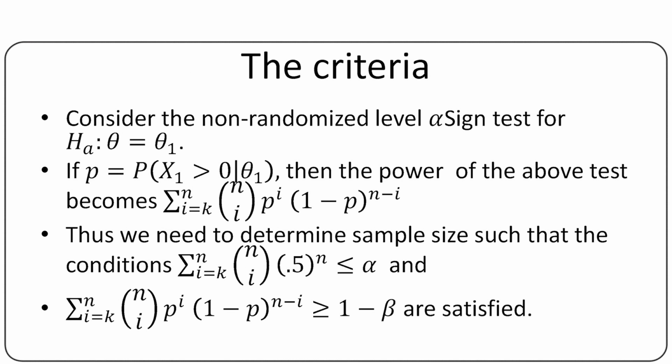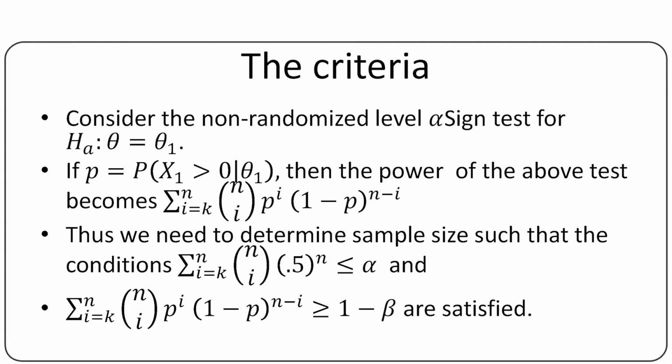Now, consider the non-randomized level alpha sign test for theta equal to theta 1, which rejects the null hypothesis if S exceeds K, where K is such that probability S greater than or equal to K under H0 is less than or equal to alpha.